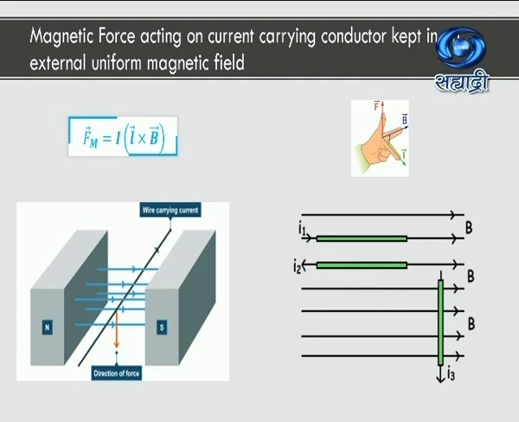In vector form, it is given and is written there. Now, in the first example, I have got external magnetic field B from north to south. I have got a wire which is carrying current, say I, kept in this manner.